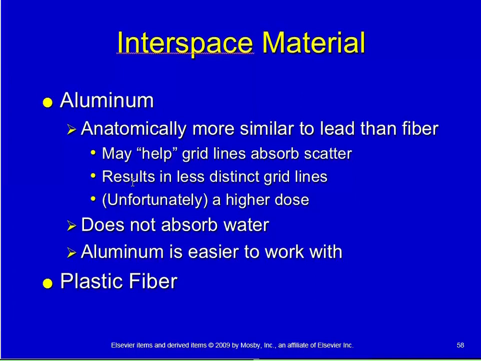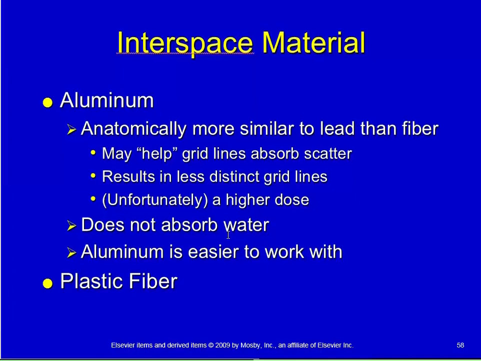The advantage is that it gives us less distinct grid lines, but unfortunately it does increase the patient dose. So the interspace material also becomes kind of like a grid strip, kind of like a beam attenuator. The benefit is that it does not absorb water. Some of the other materials will absorb some degree of moisture. Plastic fiber might, paper definitely will.